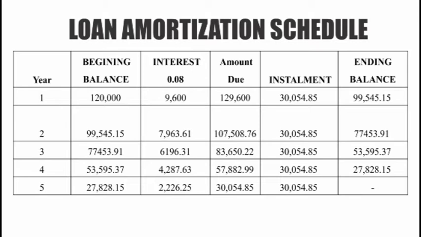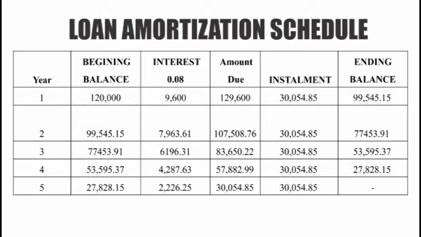But how is the schedule prepared for the one who has come for the loan? In the first year, he has a beginning balance, which is the loan amount or the principal, which is 120,000. Then you compute the interest of 8% on that 120,000, and that gives you 9,600. You add it to the loan amount, that gives you 129,600.